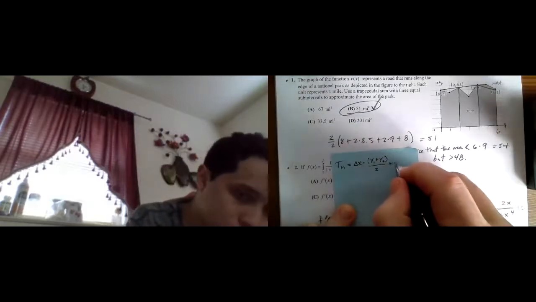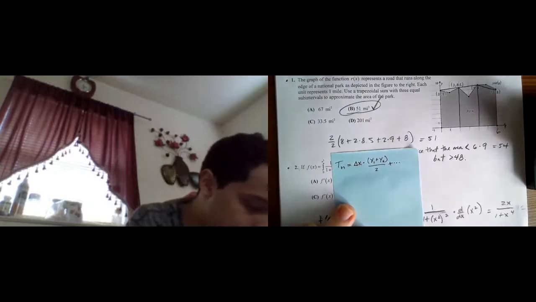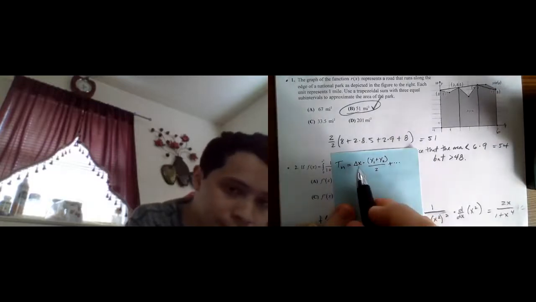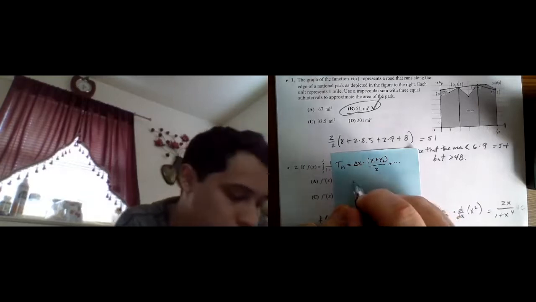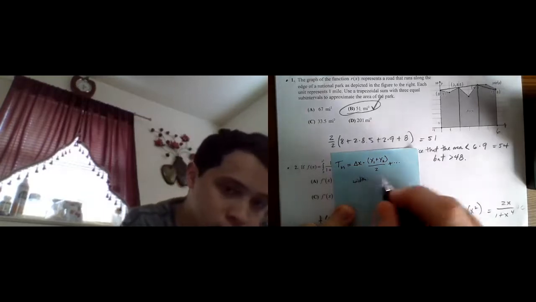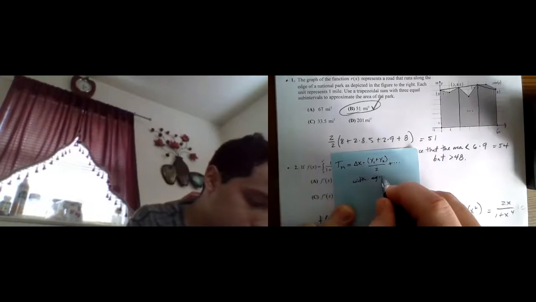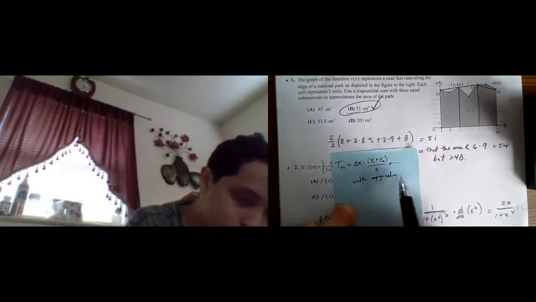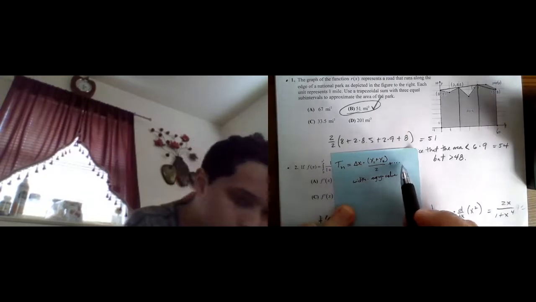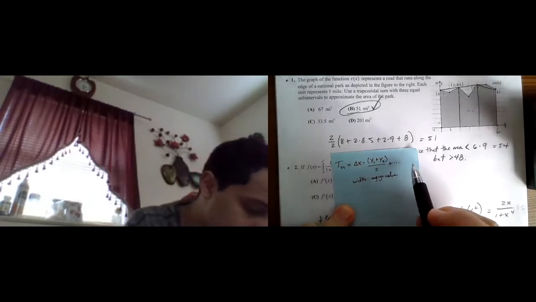And then you're just going to continue adding up those widths times average y value. So that's width times average y value. You're going to continue adding those up until you get to the last interval.